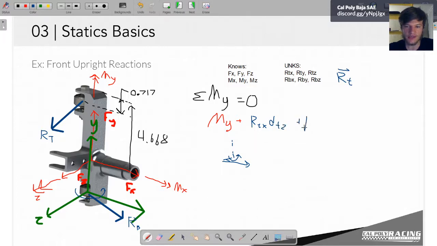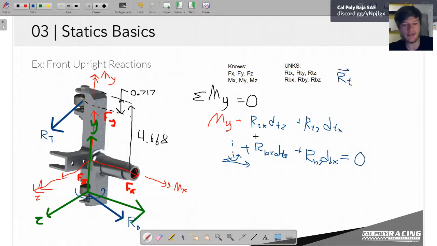Now we do plus RTZ, and you can kind of see the pattern here, separated by a distance RTX, and plus REX separated by a distance in the Z, plus REZ separated by a distance X. That all equals 0.